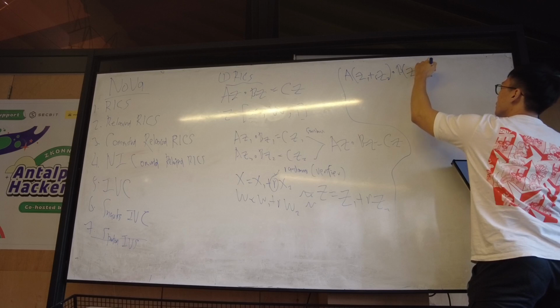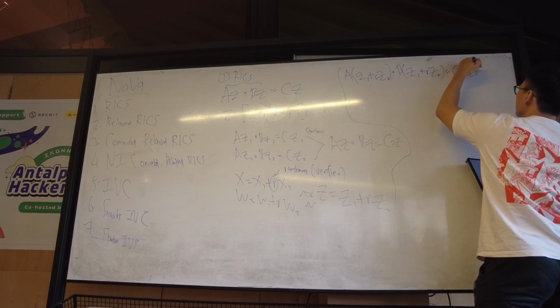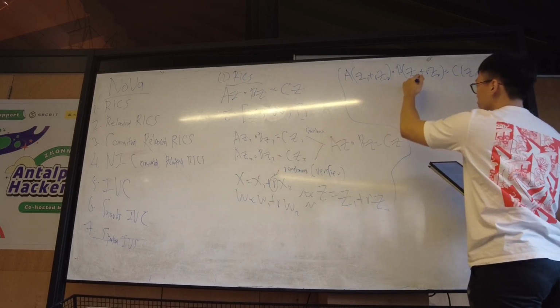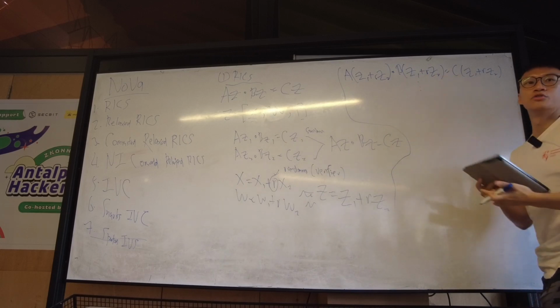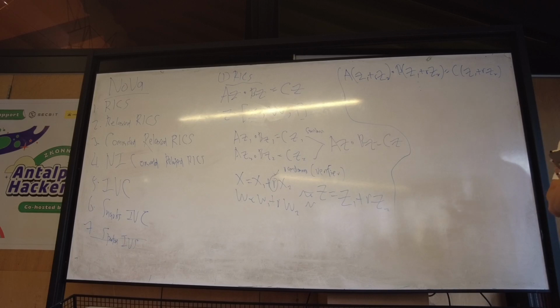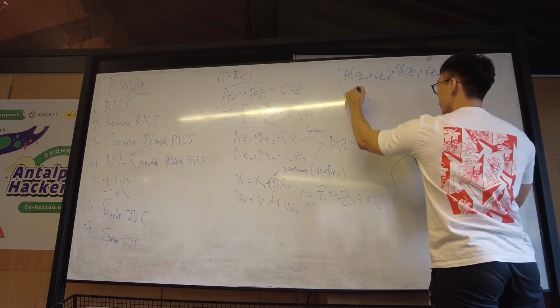Z1, Z2, C, Z1, R Z2. And if you were to open up the entire thing, try to do the multiplication and so forth, what you would get is something like this.